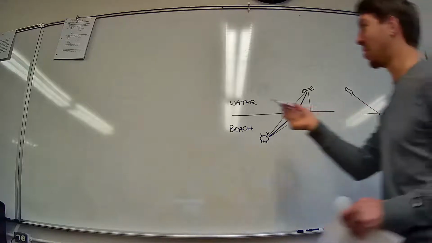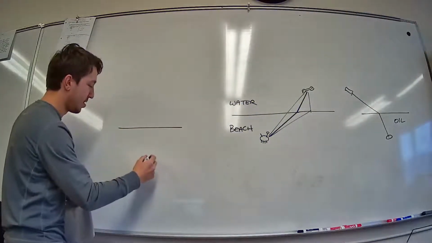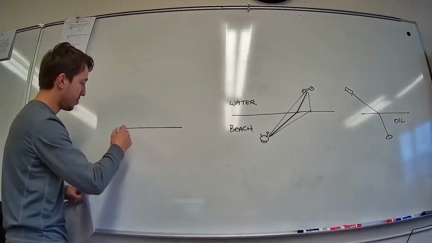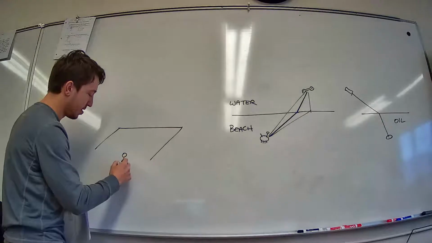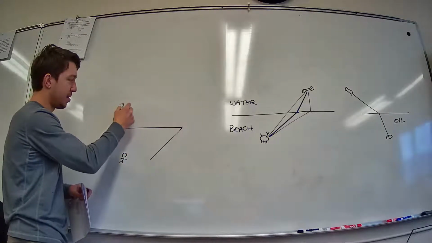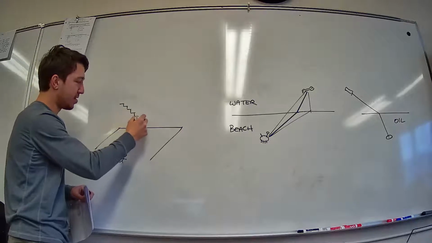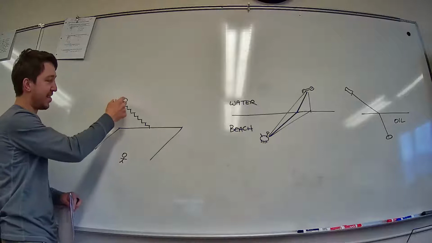Or I've seen a dog do this, where there was a staircase. This happened to me. There's a room, and I was here, and then there were stairs, and then the dog was here.